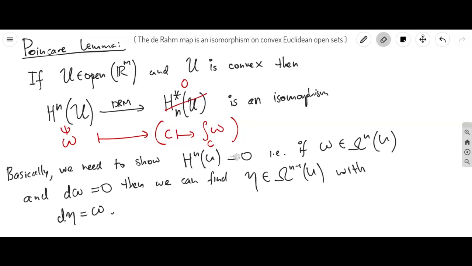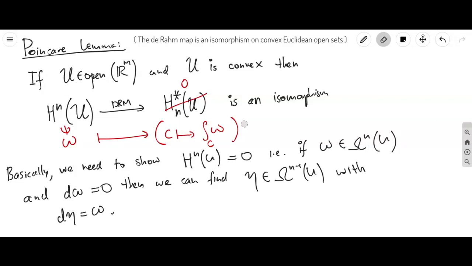In other words, this form is the derivative of something that comes before it. That's what it means to be trivial in the cohomological sense, right? This is the omega is the trivial class. So everything in the cohomology is trivial. That's basically what you have to show.